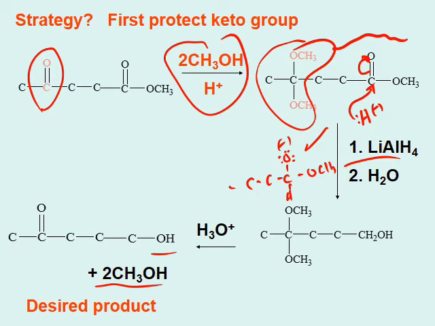Now OCH3 can pick up hydrogen from H3O+. So basically it becomes CH3OH, and that would be a good leaving group. This is the methyl alcohol. Neutral molecules are always a good leaving group. So that gets pushed out.